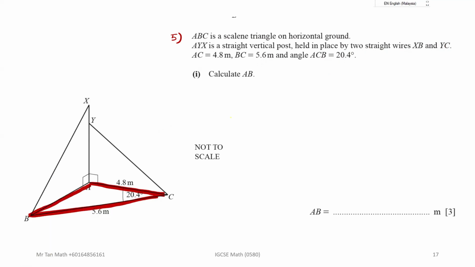So you have a triangle A, B, C. This is 4.8, this is 20.4, this is 5.6. So you have X here.